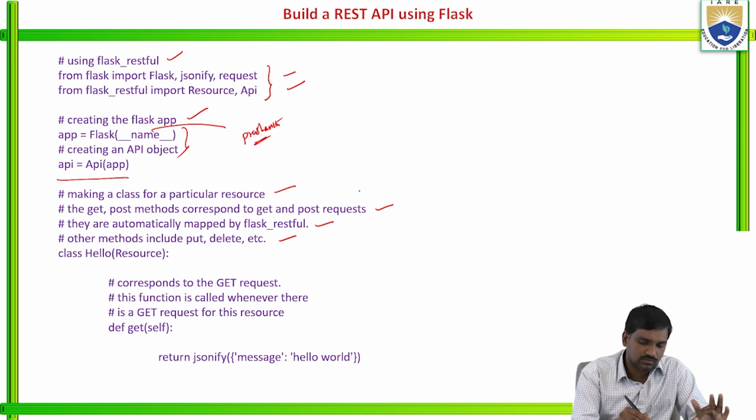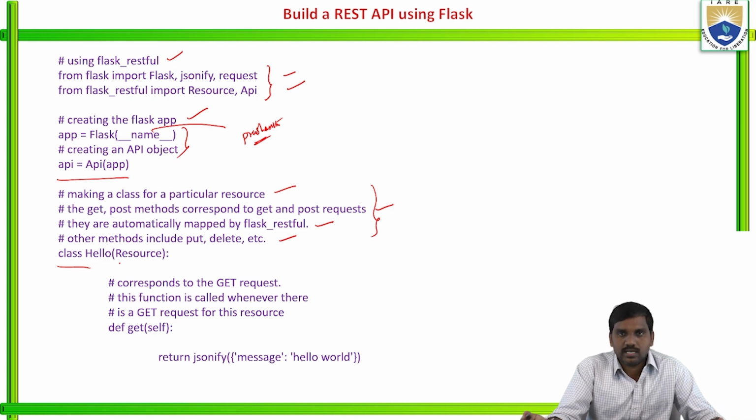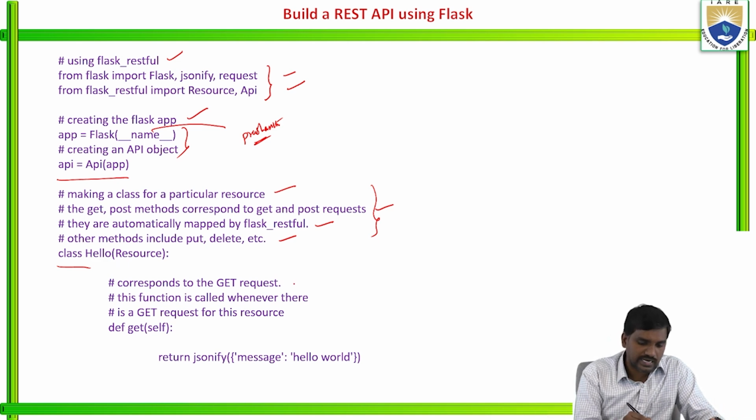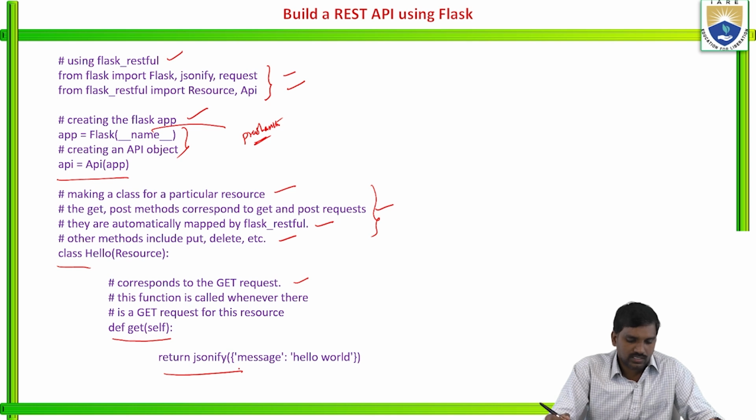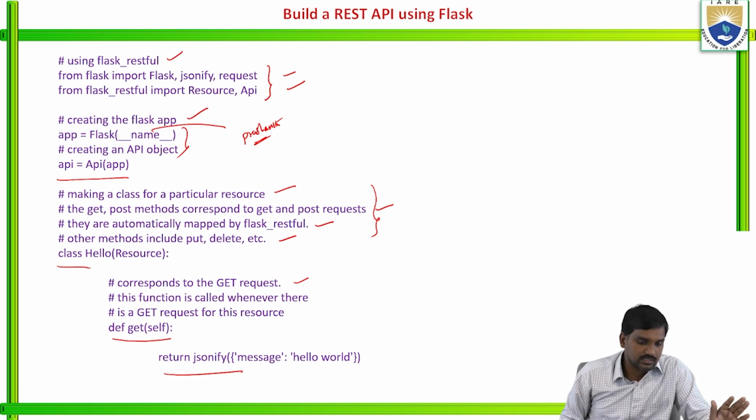Next, we start with class HelloResource for the GET request, called whenever there is a GET request. def get(self): return jsonify({'message': 'Hello, World!'}). This is the second method for executing lines.